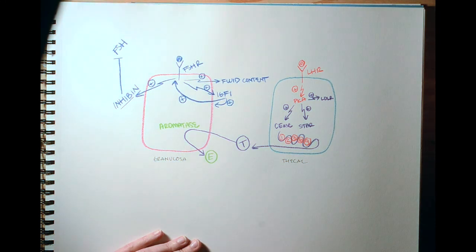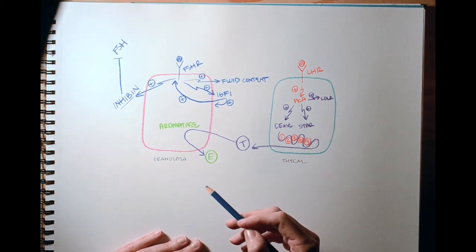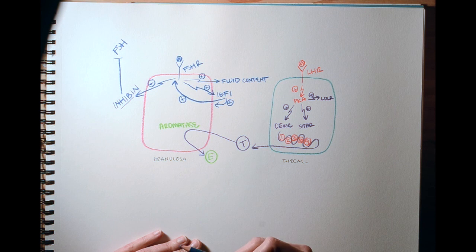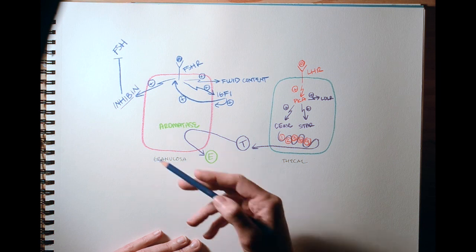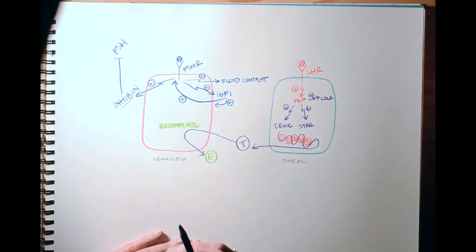So it's part of a negative feedback loop that will contribute to what we'll see are the endocrine changes in the female. We also see the same thing in the male, but it's going to be very important for this process for our discussion of follicular development. And that inhibin is going to be significantly reducing the amount of FSH available in the body.